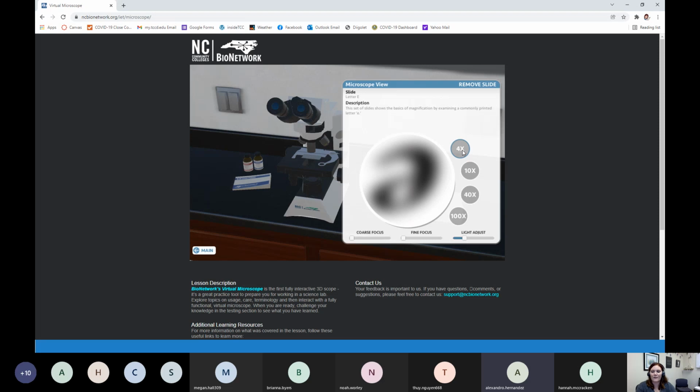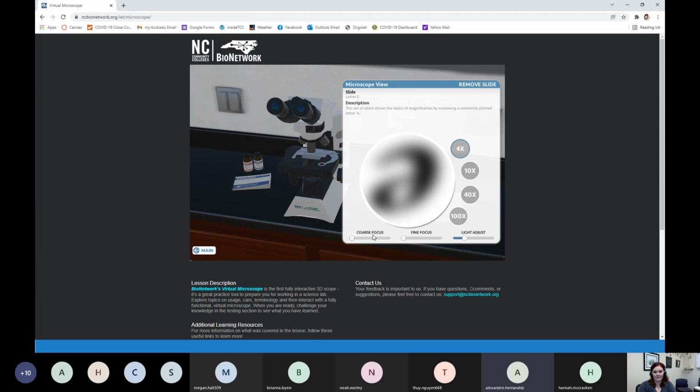So I am magnifying things with my red objective. Because my red objective is in place, can or can't I use the coarse adjustment knob? Can or can't I, since my scanning objective is in place? What do we think?